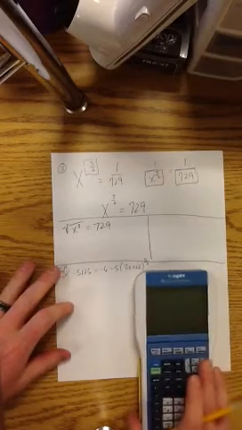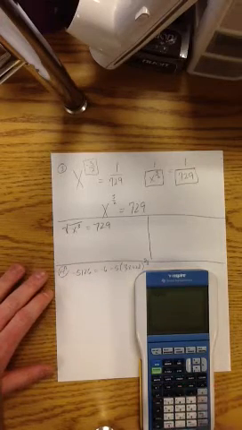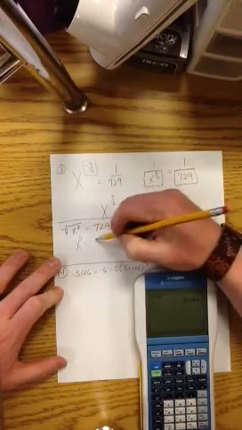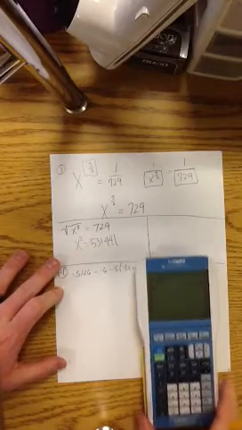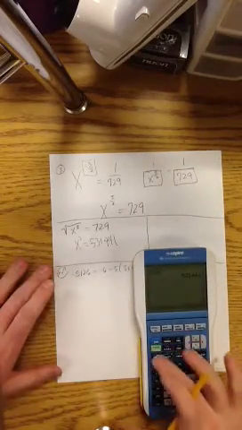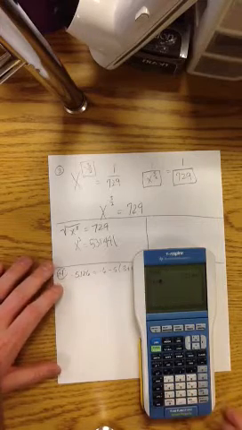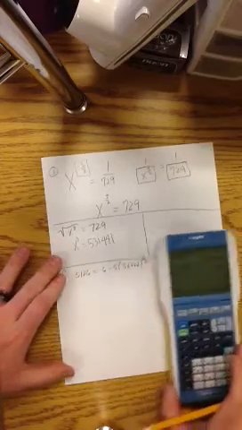This one's low on batteries. Imagine that. I can say 729 and I can square it, and that gives me x to the third equals a ridiculously big number. But once we get here, we can take the cube root of the second answer, and it gives me an answer of 81.